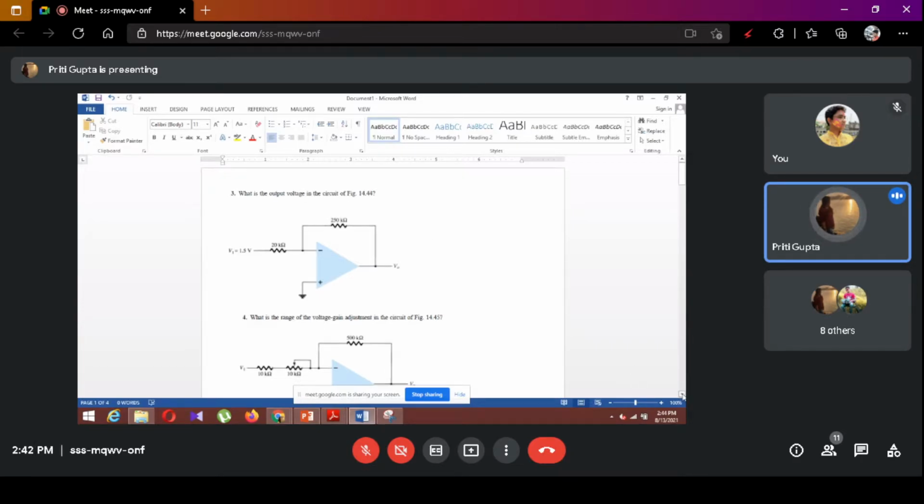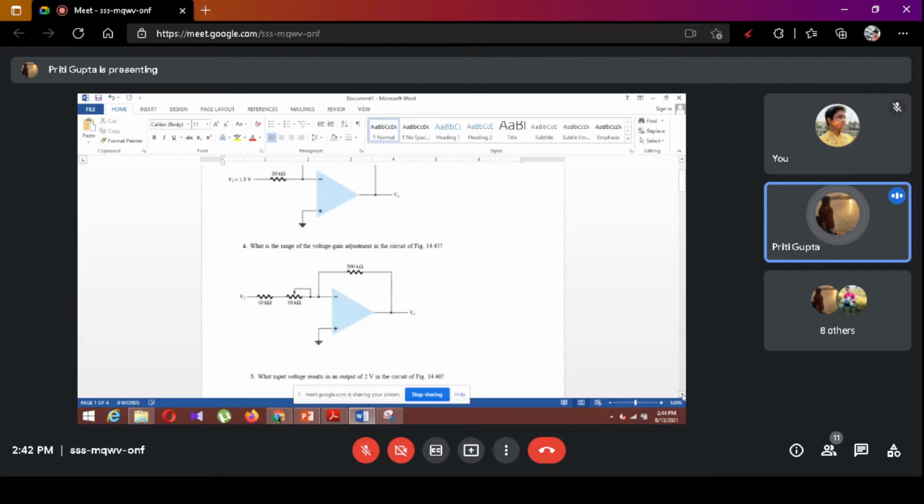Next problem. Do this one. Here the question is, what is the range of the voltage gain adjustment in the circuit? Here you can see this is basically a rheostat, this 10 kilo ohm.